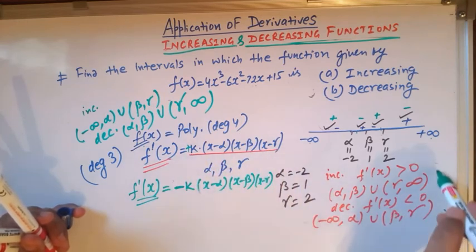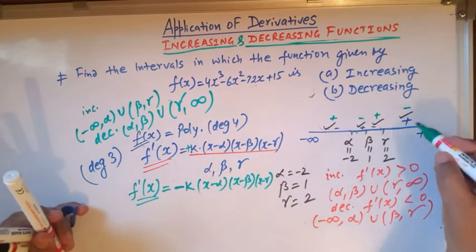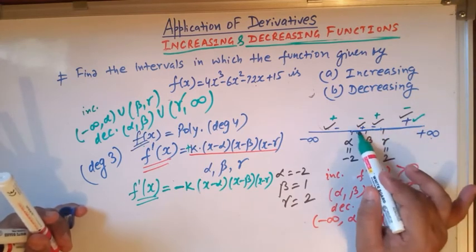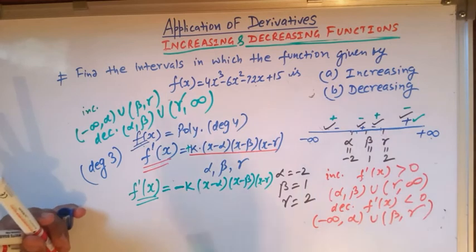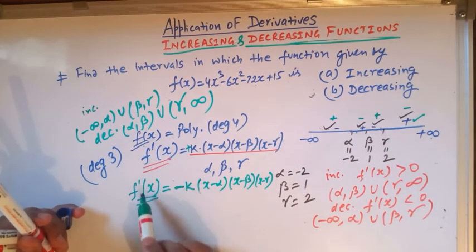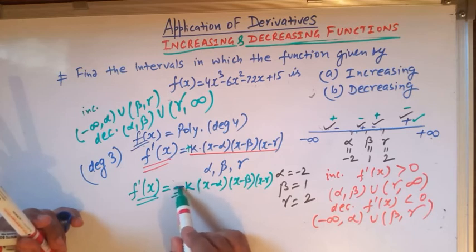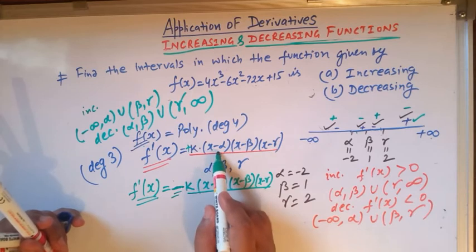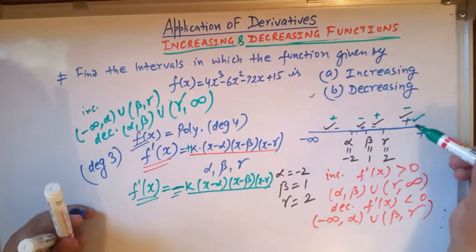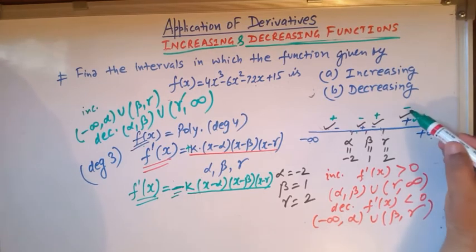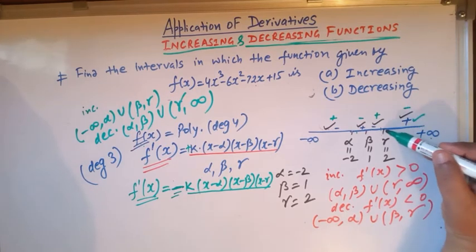Then we have this scheme, and we'll start from the positive sign and alternately negative, positive, negative. Clear? And if the derivative is expressed like this, that is, here we have a negative sign and the rest is the same as the previous one, then the scheme will be reversed, and we will have to start from the negative sign from the right side.